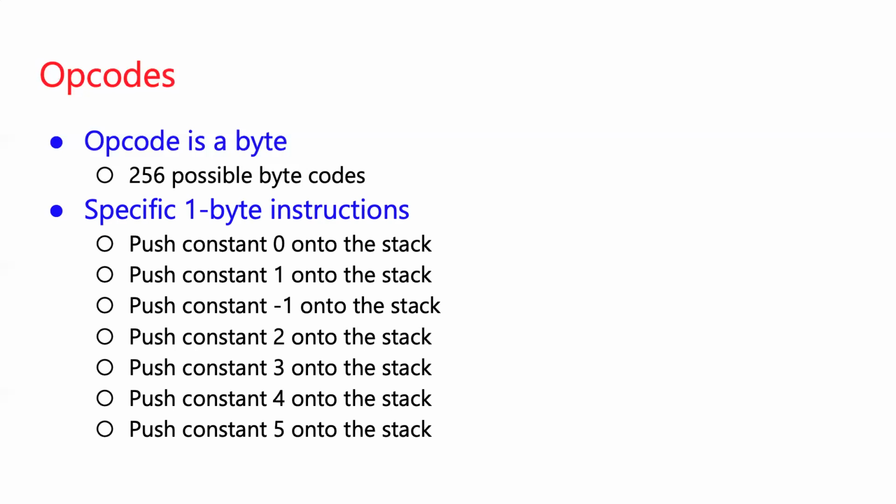For each of these instructions, when they were designing Java bytecode, each dedicated instruction that says push a 4 onto the stack is using up one of these 256 available instructions.